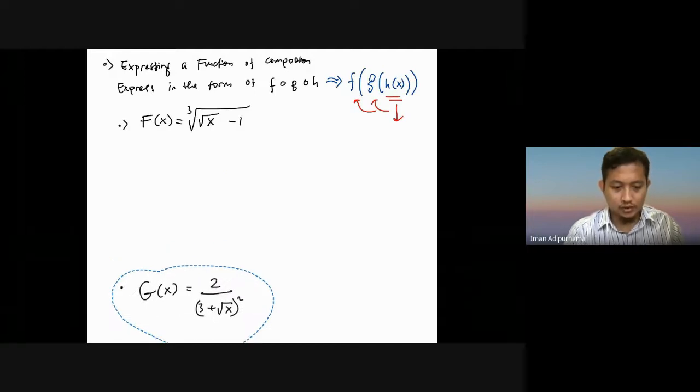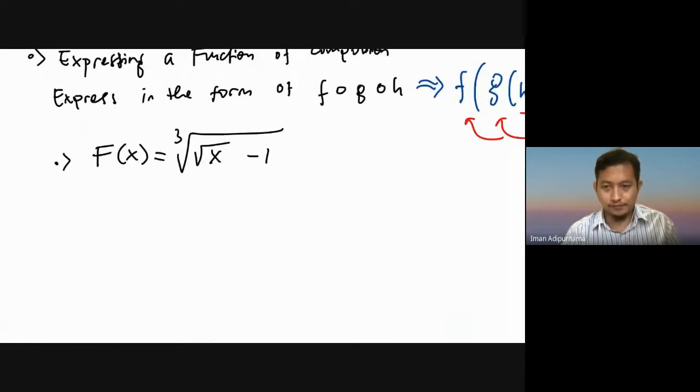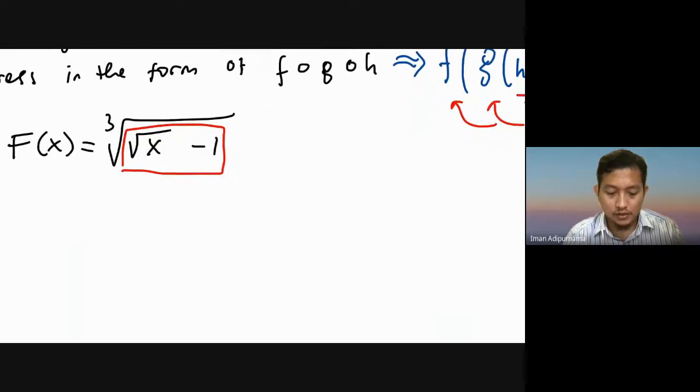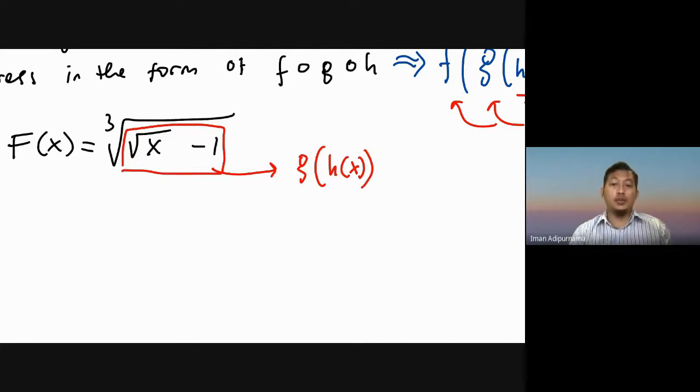Okay, let's start with the first one here. Let me start from this square root of x minus 1 on the inside. Let's say this will be g and h, right? So which one will be the first one to be inside the function?